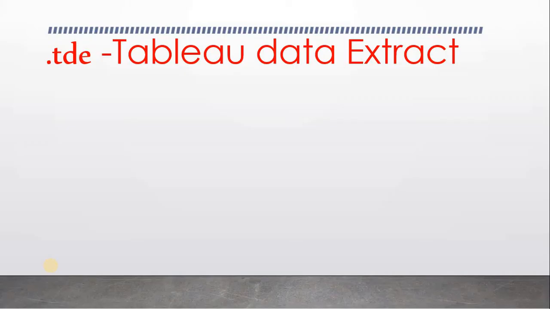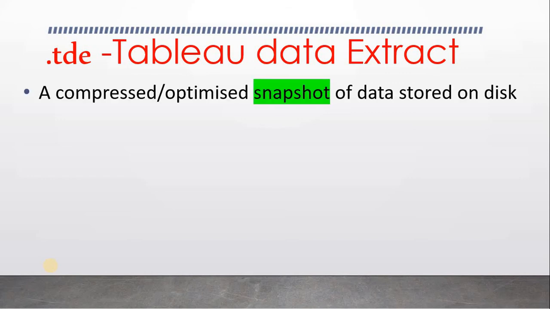So today we'll see the fourth, the Tableau data extract. This is a very common format as well, and very widely used because of its specific behaviors. It is a snapshot of data that is stored on our computer.